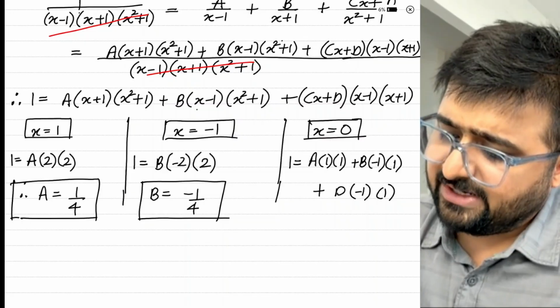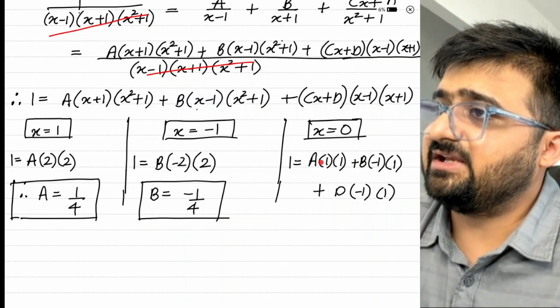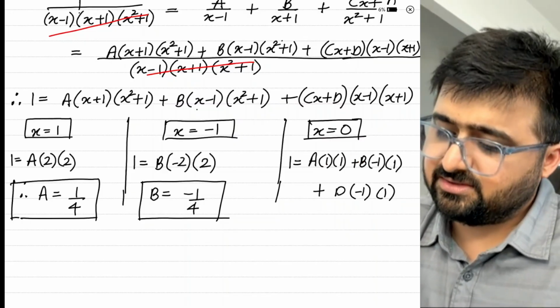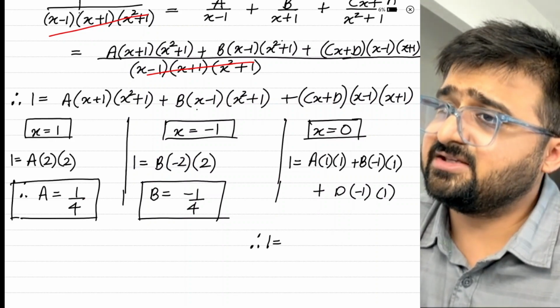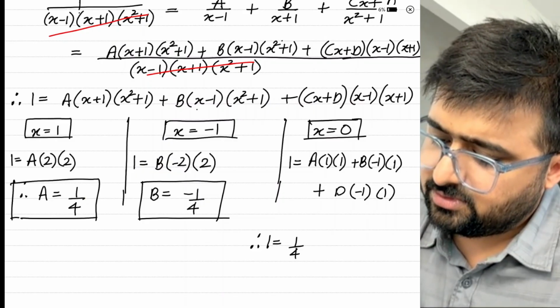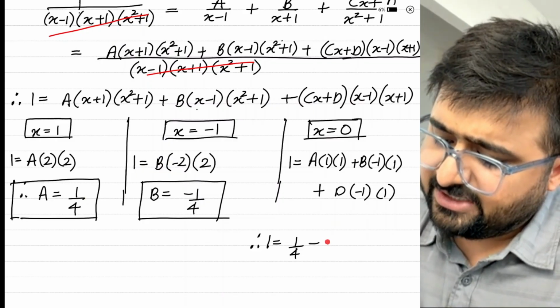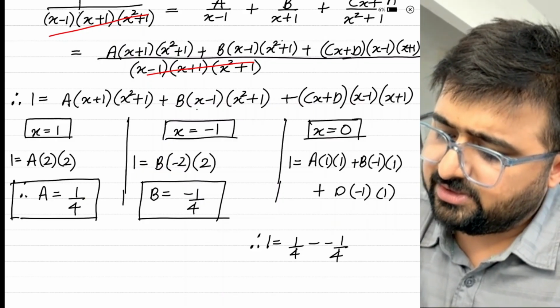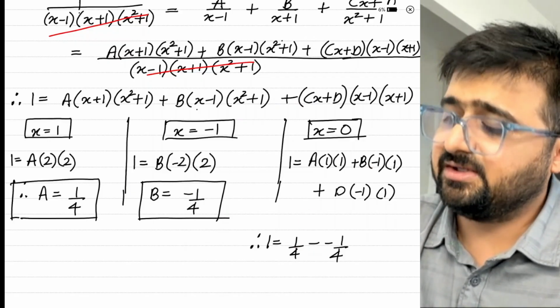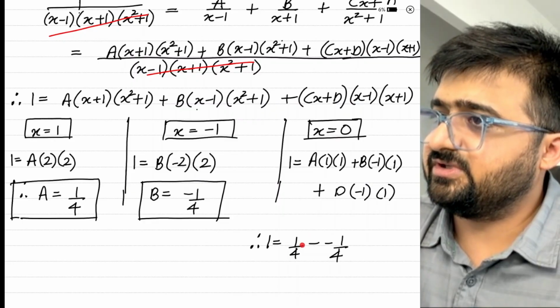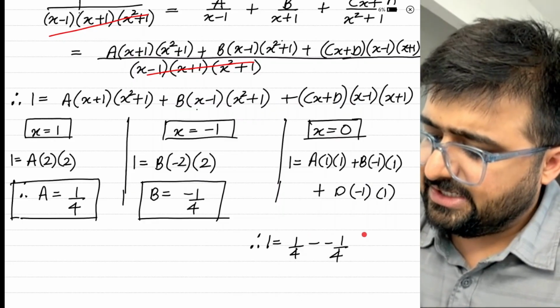Remember, we already know the values of a and b. So if you know the values of a and b, we can also substitute that. So we have therefore 1 is equal to, instead of a just write 1 by 4, minus, instead of b write minus 1 by 4. Remember, there was already a minus here, which is why I have 2 minus signs, 1 for this b and 1 which was already there, and I have minus d.